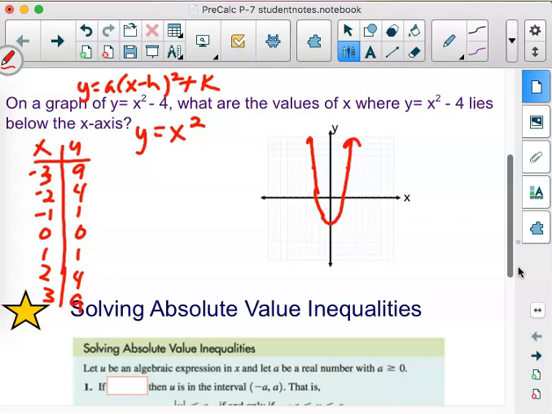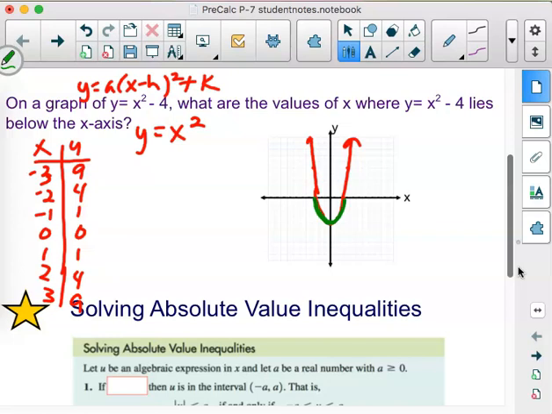Like so. So this is asking us, where would it lie below the x-axis? And here's where I'd like you to take that second color and realize it's right here. So if that's the question that we're supposed to answer, we would say, well, when x is between, it's like -2 and 2 up there.